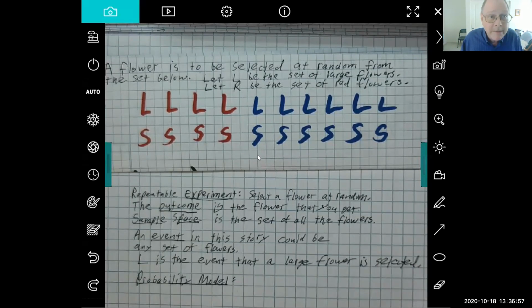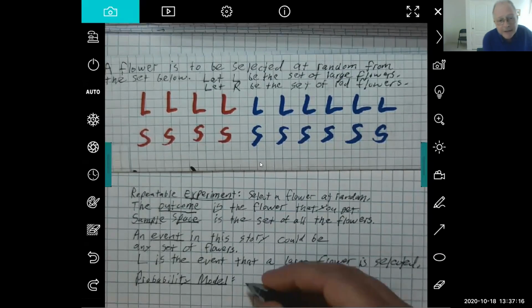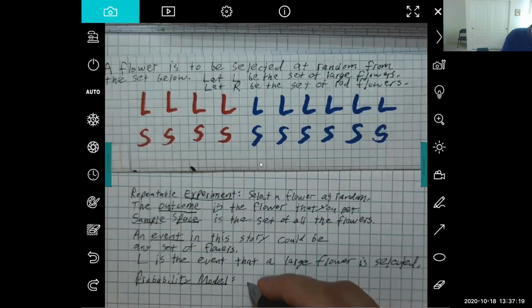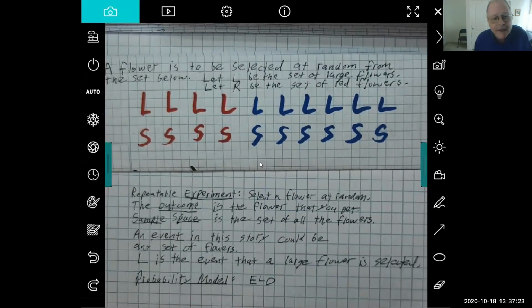But just to keep things simple, I'm going to assign an equal probability to each flower. There's 20 of them, so the probability of selecting any particular one is 1/20th. Okay, so I'm going to use equally likely outcomes. So I'm making an ELO model.